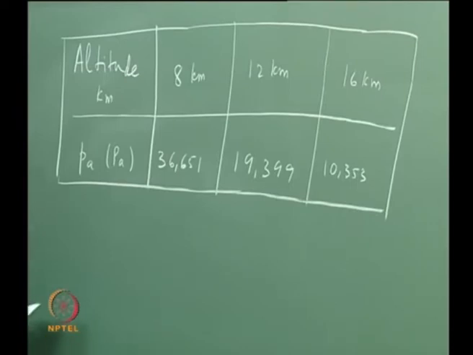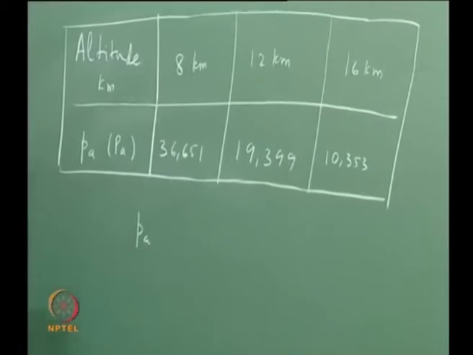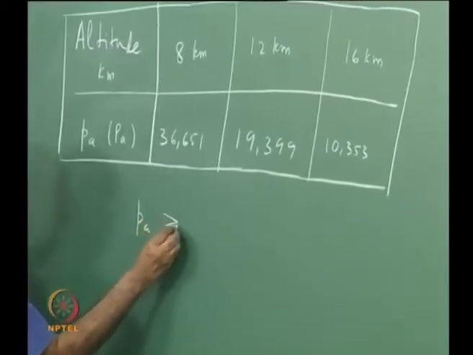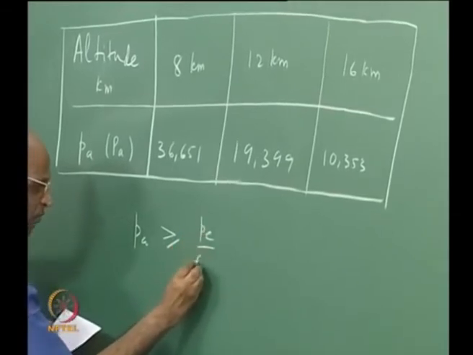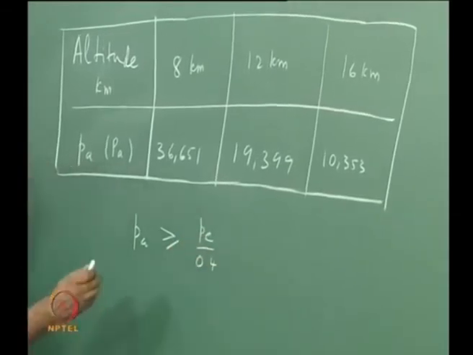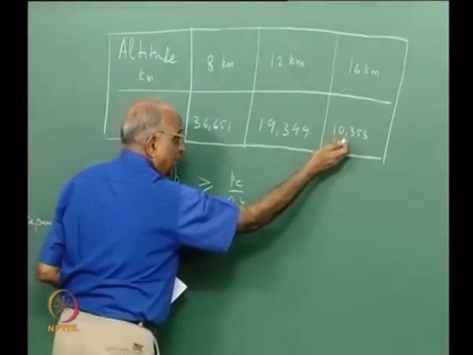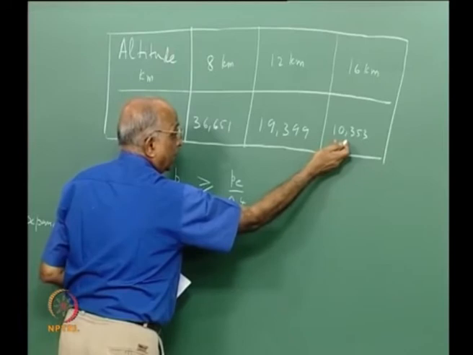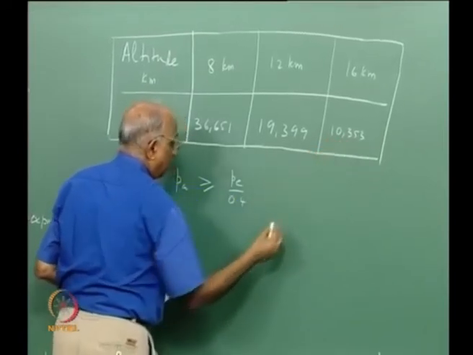Therefore, we have to state here that for flow separation, Pa must be greater than or equal to Pe divided by 0.4, and the nozzle is designed for a pressure of 10,353 Pascal.